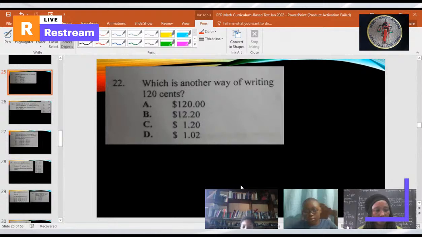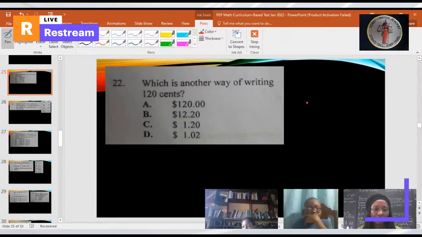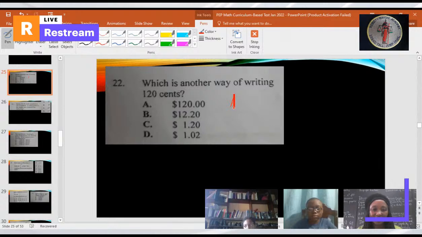D, $1.02. Miss, the answer is C, $1.20. Why do you say $1.20? Well, miss, because 100 cents make a dollar, and 120 cents will be a dollar with 20 cents left over. Okay, so if we have 120 cents, since 100 cents make a dollar, we're going to divide by 100. So move 2 places to the left. So the point will be here.